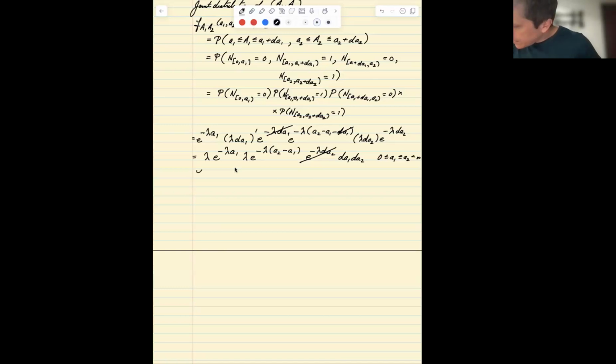So let's define the interarrival times. T1 is the time between 0 and the first arrival. T2 is the difference of the first two arrivals. These are called the interarrival times.